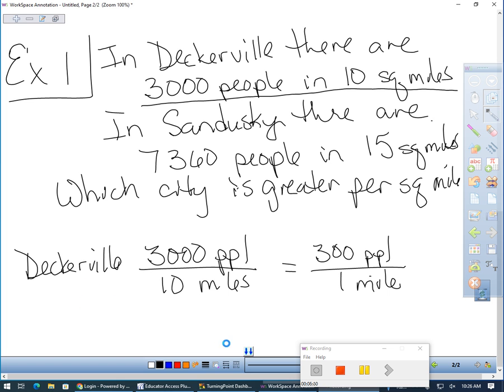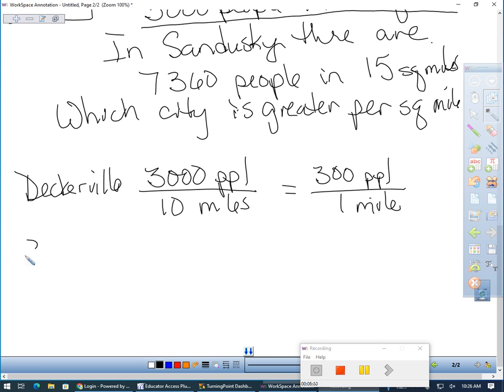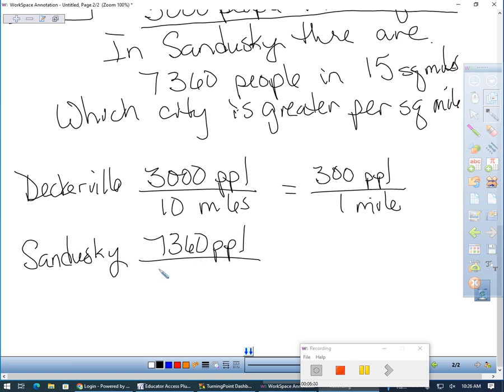Okay, so now we're going to do Sandusky, the same thing. So here's Sandusky. We're going to take 7,360 people and divide by 15 square miles. So everybody grab their calculator and divide that for me. Good. All right.